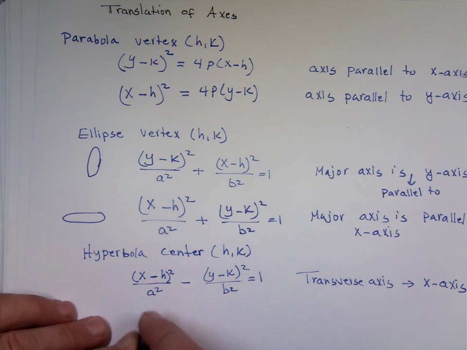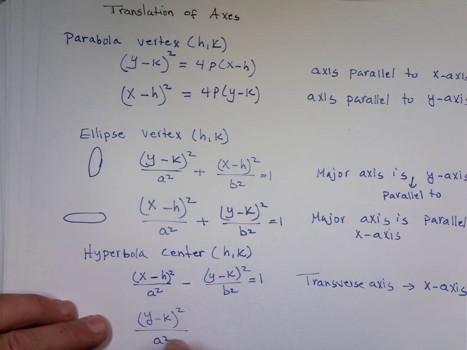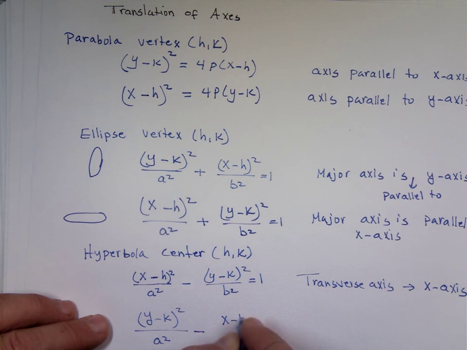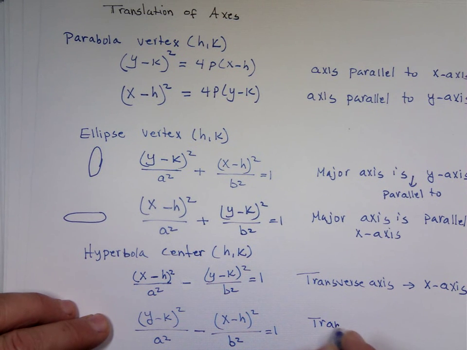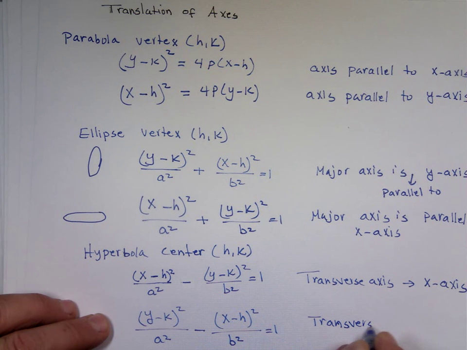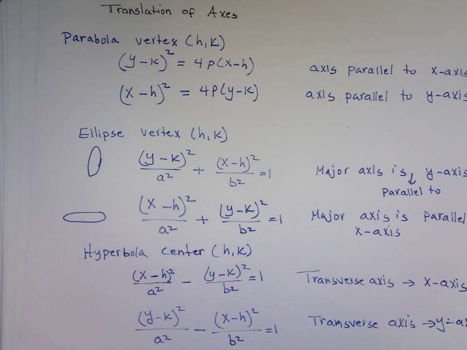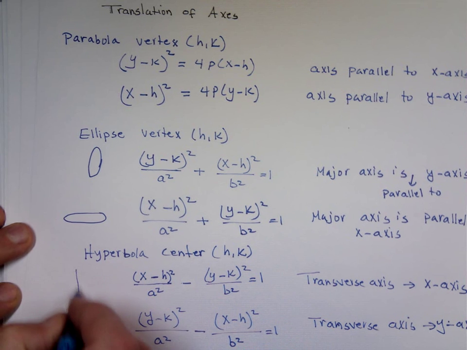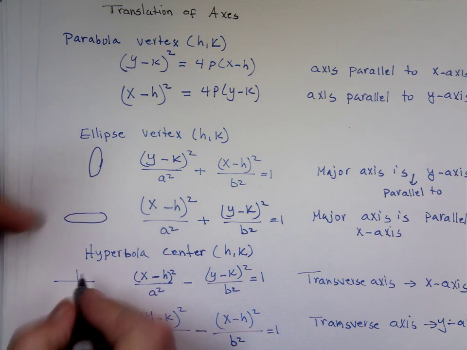And if it's reversed, if it's (y minus k) squared over a squared minus (x minus h) squared over b squared is equal to 1, the transverse axis will be which way? Again, what do I mean? They're not centered at the origin here, they could be centered anywhere. So the graph for this, along the x-axis, will be like this.